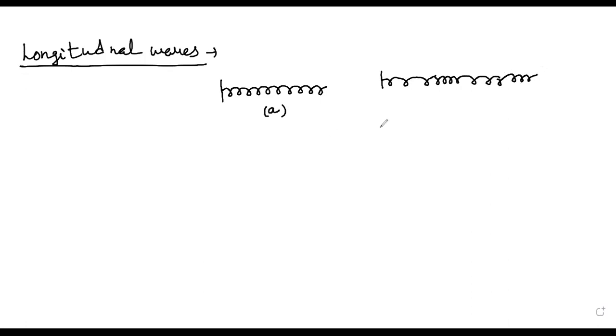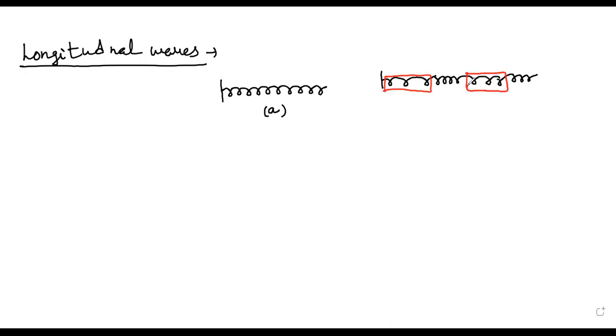What I mean by this is that when we stretch or compress it, some different regions will be generated. At some places the points of the spring will be farther apart than the normal position. You can see these three, where they are very far from each other.